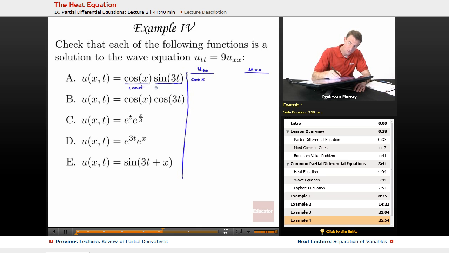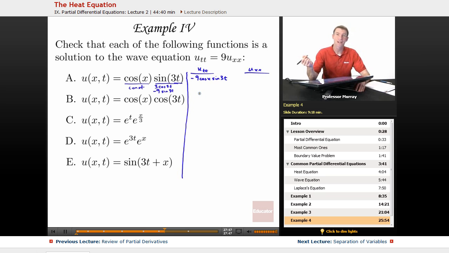The first derivative of sine is cosine of 3t, and then we multiply on a 3 by the chain rule. Then the second derivative would be negative sine of 3t, and we multiply on another 3. So we end up getting negative 9 there. And so u_tt would be negative 9 cosine x times sine of 3t.